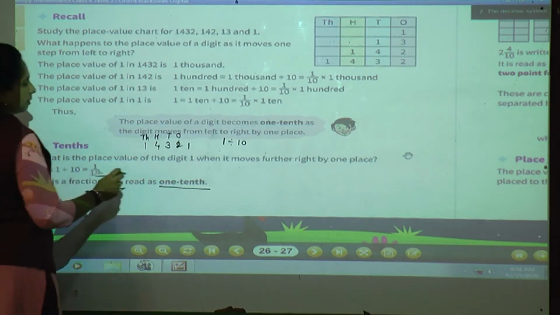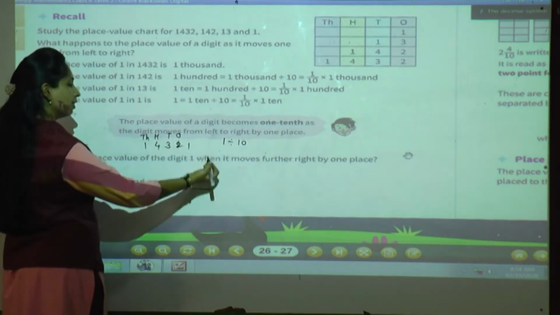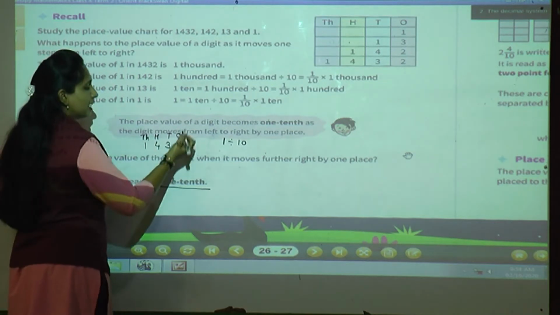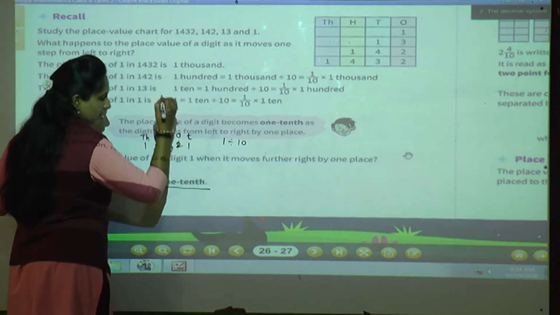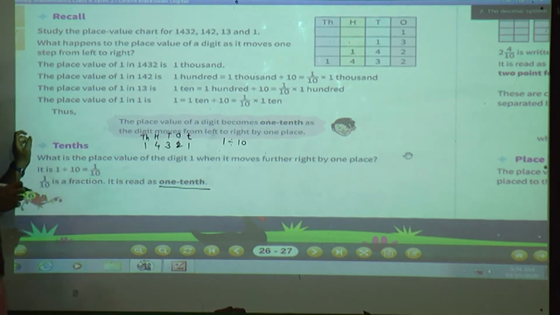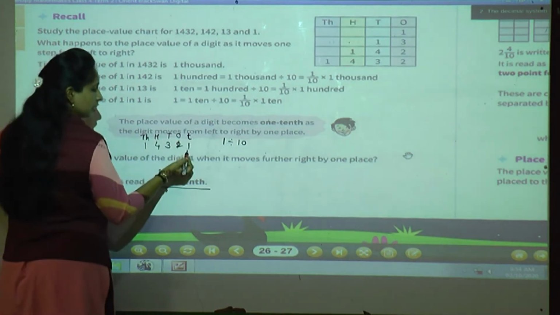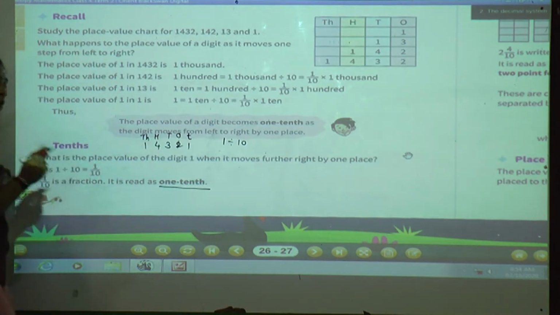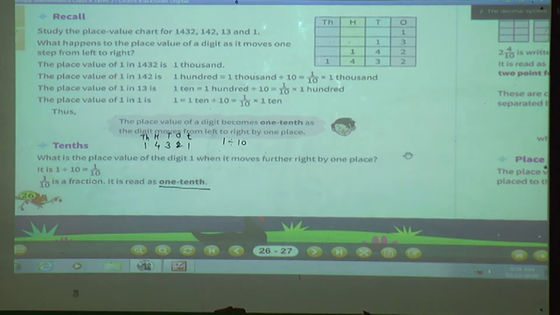So after ones, whatever numbers come, the place value of that number is tenth. Here we write capital T and here we write small t. That is tenths. Okay? Clear? Now see here.